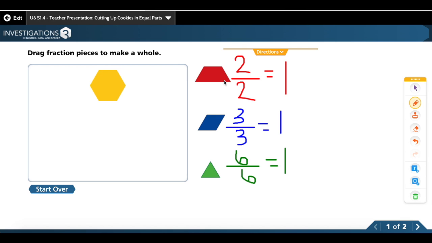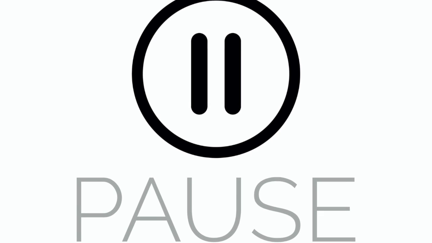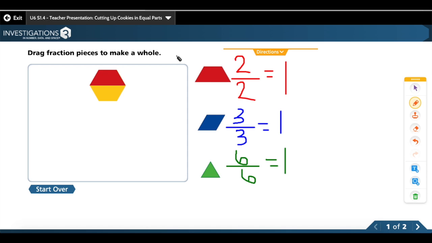So what I want us to think about right now is, what if I had 1 trapezoid, what is my fraction of my yellow hexagon? What's my fraction that would represent how much is filled, or what is my part right here? If you said 1/2, nice job, because you can see that 1 trapezoid fills up half of my hexagon.